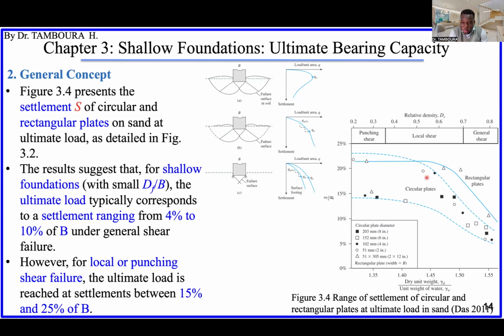Is when the footing is going down, this is settlement, is around 4 to 10%. People generally consider 10%, okay? But if you are in case of local shear failure, it goes up to 15 to 25% of the percentage against the B, the width of the footing. Okay.